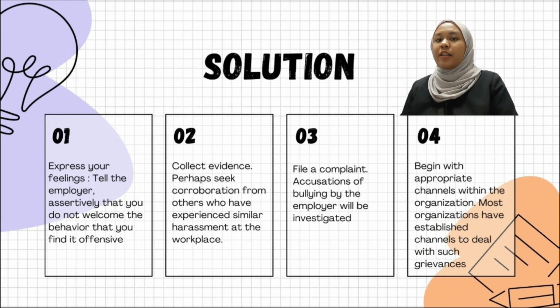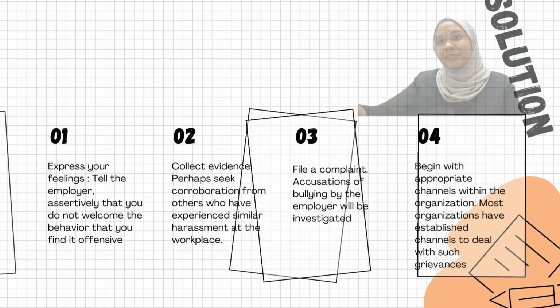Thirdly, file a complaint. Accusations of bullying by the employer will be investigated. And last one, begin with appropriate channels within the organization. Most organizations have established channels to deal with such grievances.